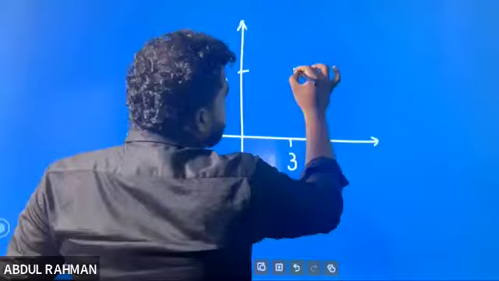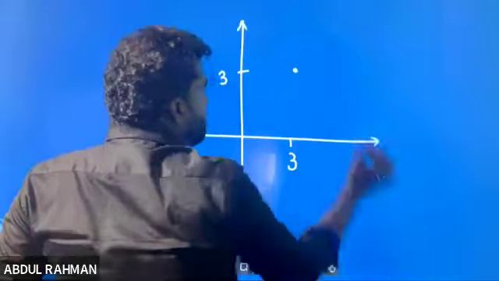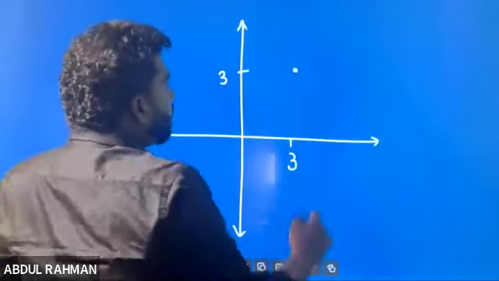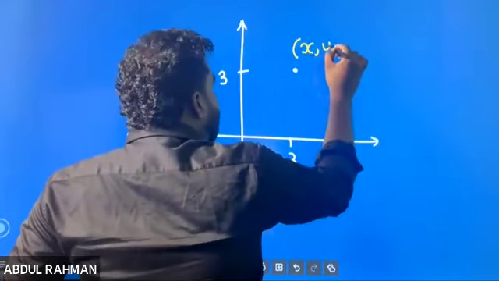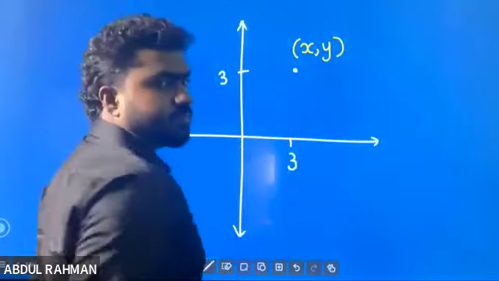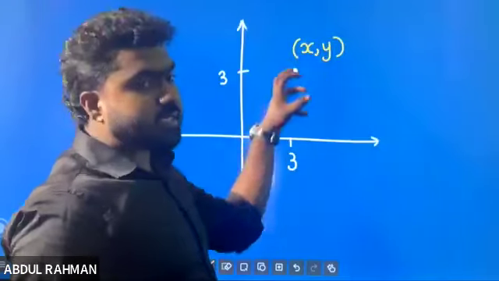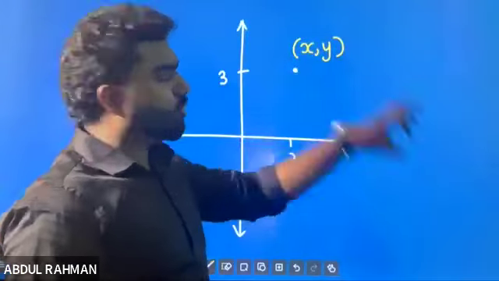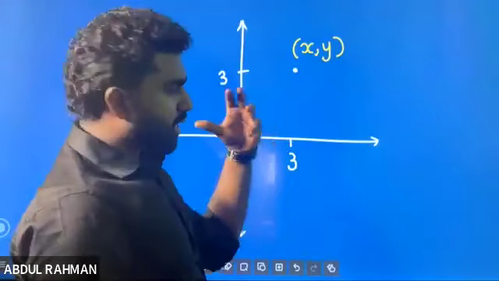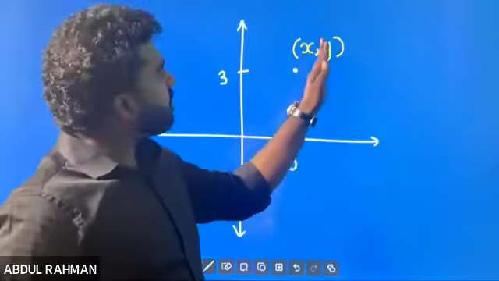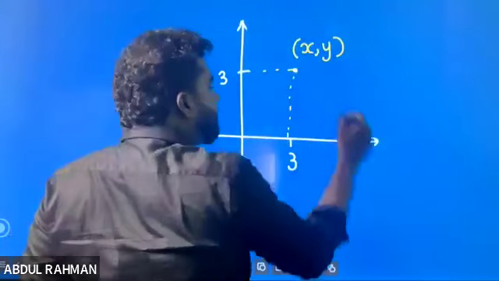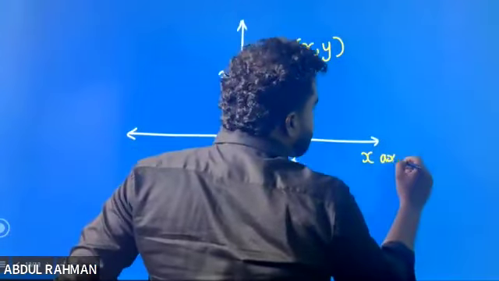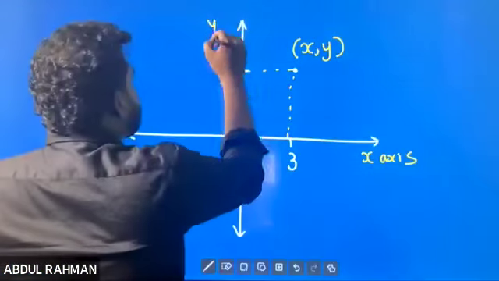If I take this point in the Cartesian plane, a coordinate is always named with the y value first and the x value second. Both x and y values. This is my x axis and this is my y axis.